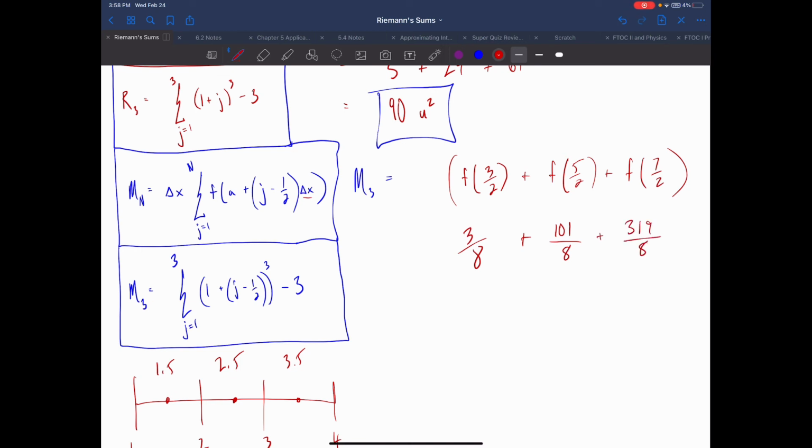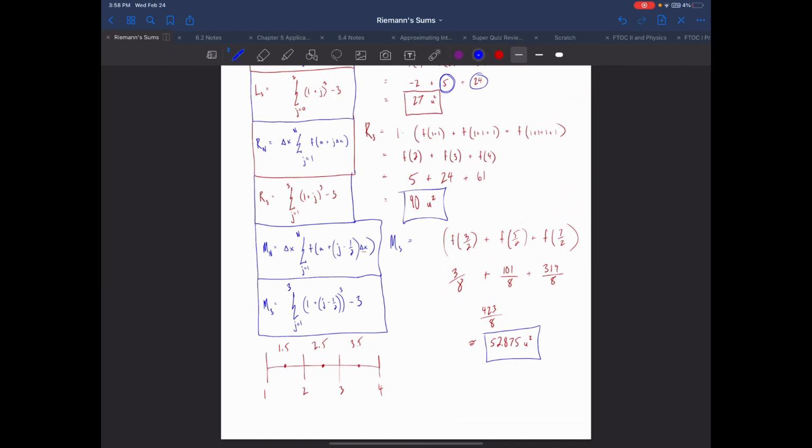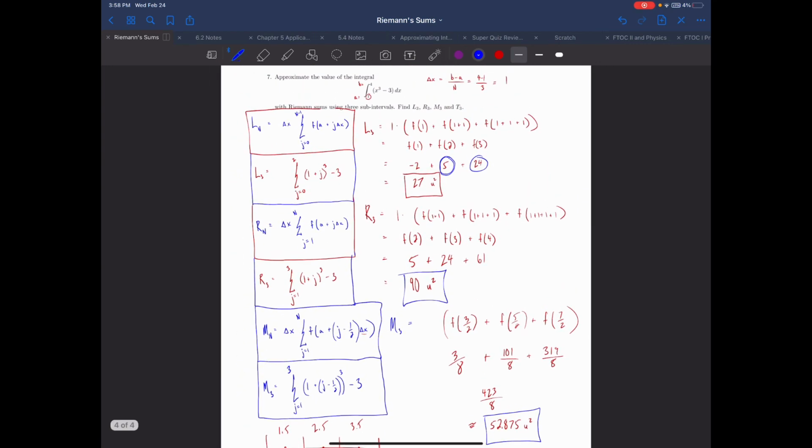I'm just plugging those into a calculator, getting those values. So we're going to add all those up. This would be 423 over 8, which is approximately 52.875 units squared. As you can see, the midpoint is between the right-hand sum and the left-hand sum.